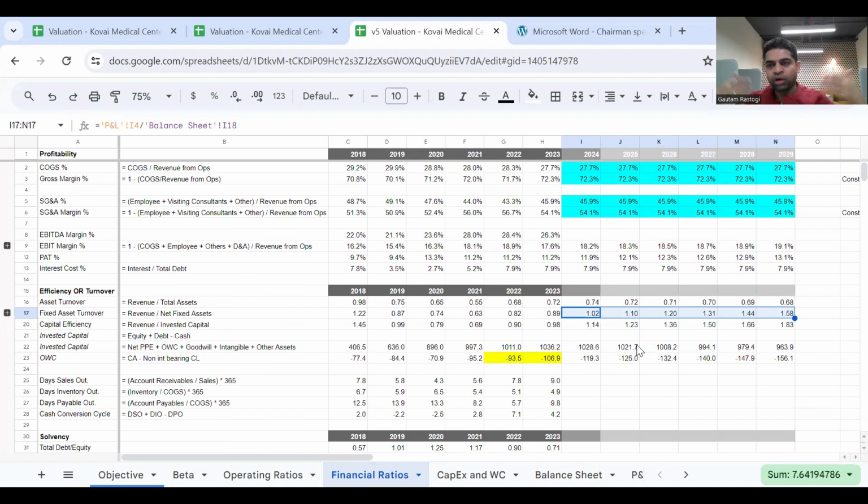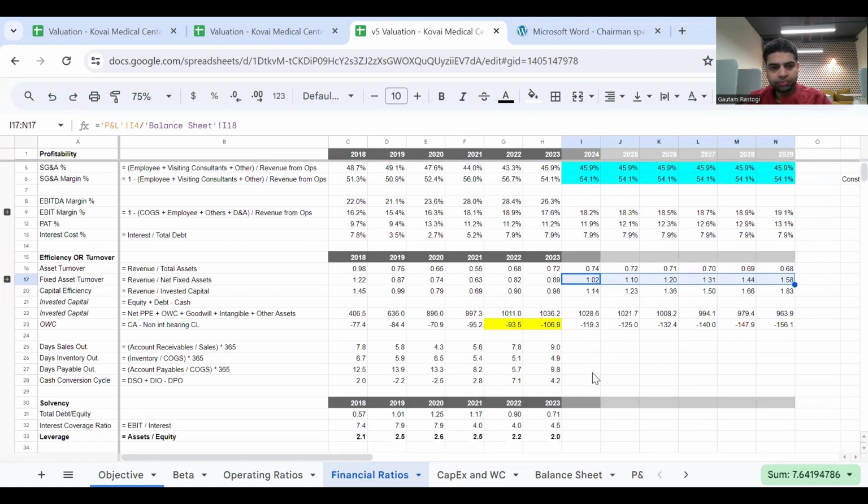Then we'll have to give it a higher growth period. Right now our forecast period is 5 years, but we'll have to assume a higher forecast period. I strongly recommend that if you're picking this company, you do that and see what kind of impact it has on the valuation.